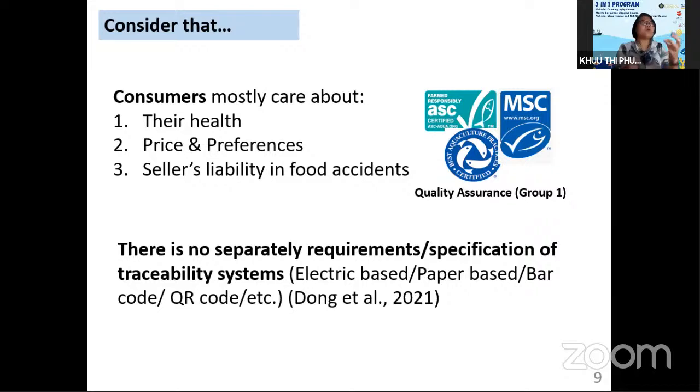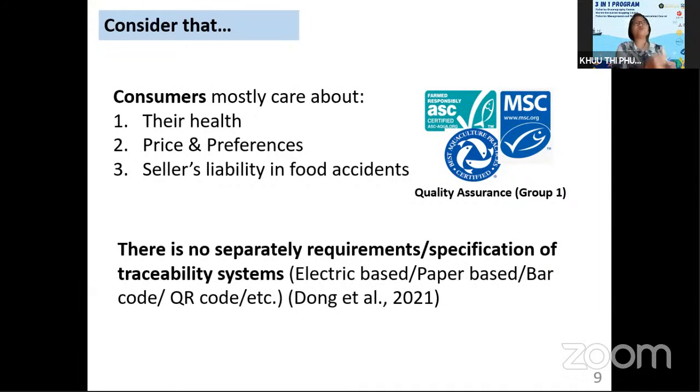No country, retailer, or consumer requires producers to apply an electronic-based, paper-based, barcode, or QR code traceability system, so that I could scan the QR code and see the information of the producer, from fishermen or middlemen.